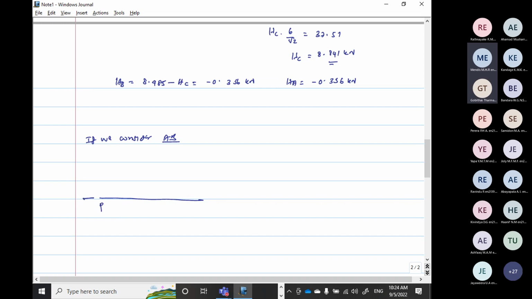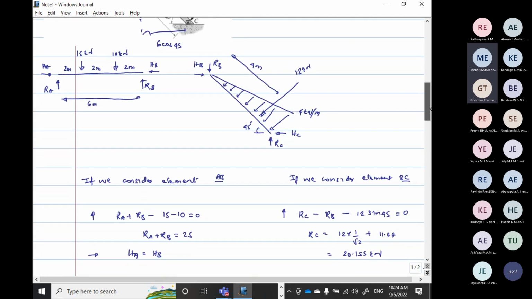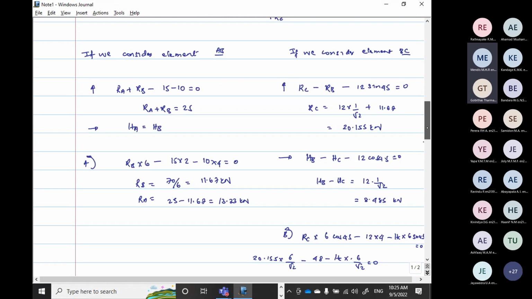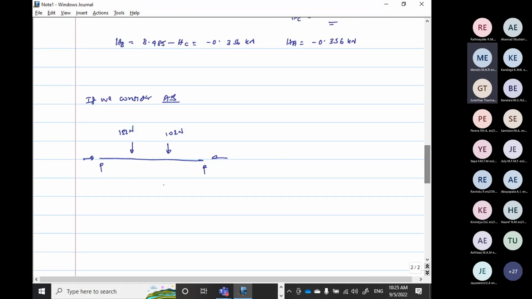We have 15 kilonewton, 10 kilonewton, RA is 13.33, RB is 11.67, and the horizontal reactions are minus 0.356.